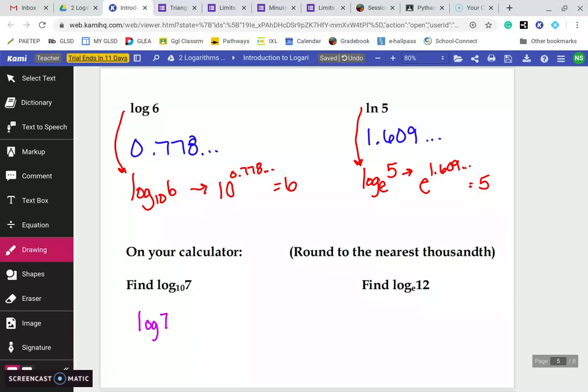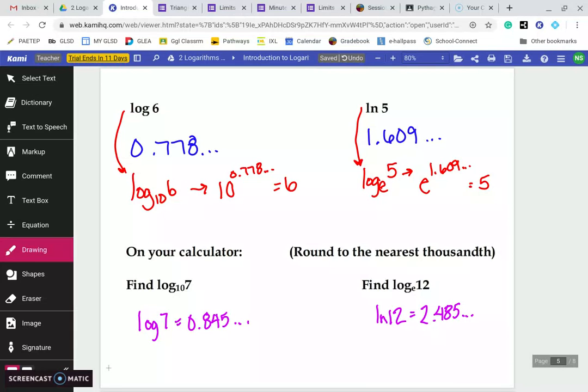So that's the log of 7, and you should get 0.845. We're always going to round everything to 3 decimal places. On your test, on your worksheets, on everything, it's going to be 3 decimal places. And then log base e of 12, that just means ln of 12, and that's going to equal 2.485.